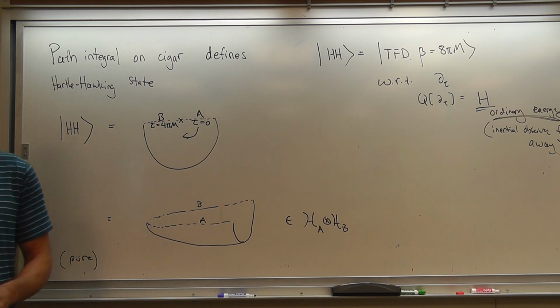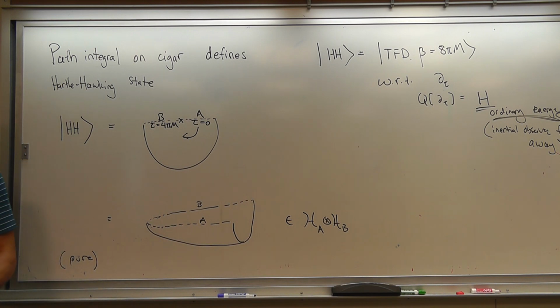Well, in Euclidean the translation is by tau, but when you go to Lorentzian, that becomes t. But the conserved charge is the same whether you call it t or tau. We checked that for Rindler.